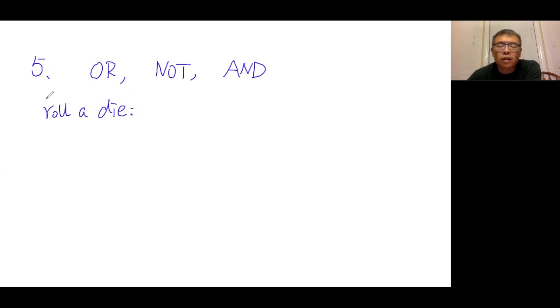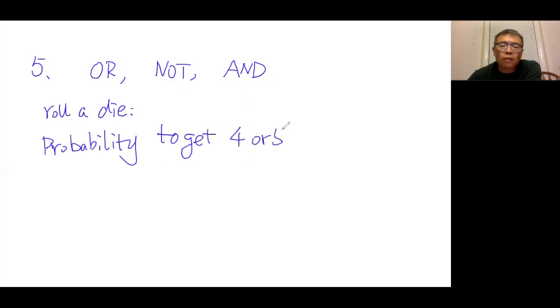One question we can ask is, what is the probability to get either 4 or 5? As we calculated already, the probability to get 4 is 1/6, and the probability to get 5 is 1/6. Now, what is the probability to get either 4 or 5?